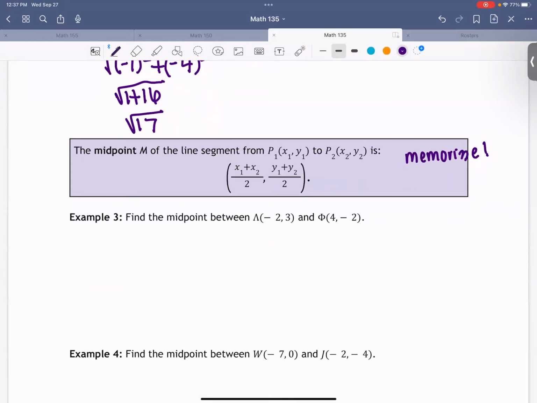We're doing the midpoint of delta, -2, 3, and phi, 4, -2. It's phi. Actually, some people do call it phi. I think sororities do call it phi, right? I know in math it's called phi.